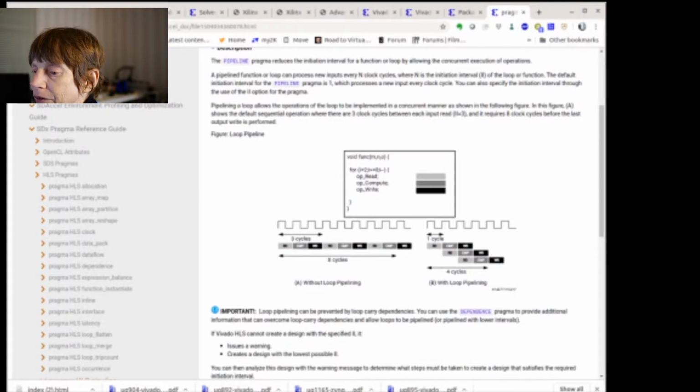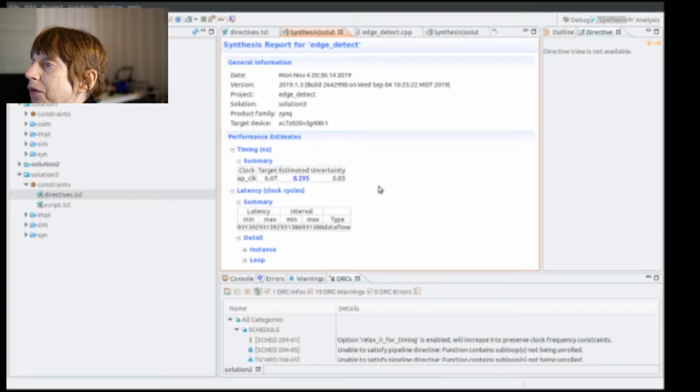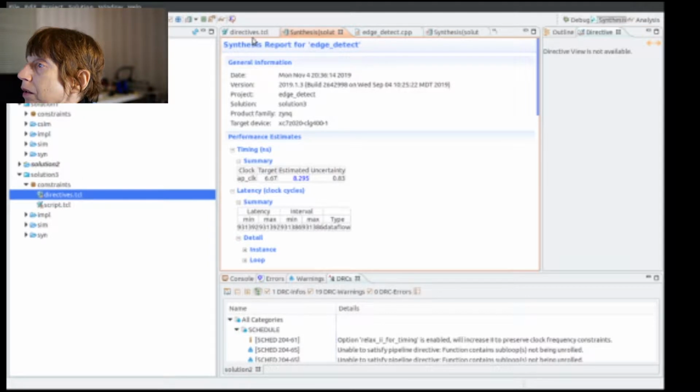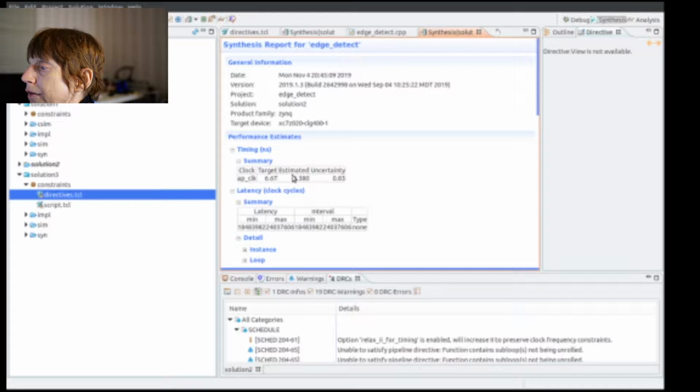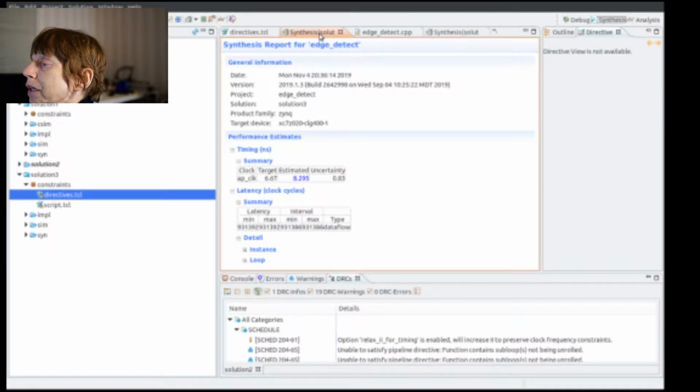What I found, let me go back. What I found when I used pipelining, notice that the estimated performance for the clock was lower and it was within bounds. When I use directive, this is synthesis report.